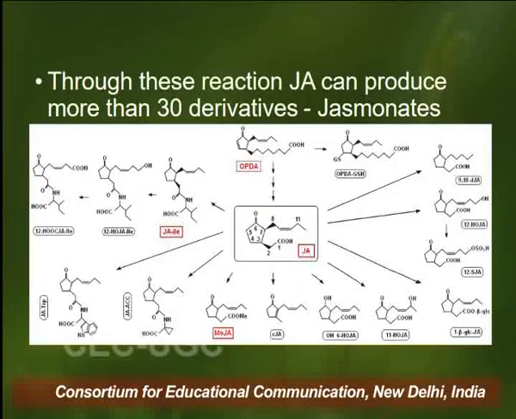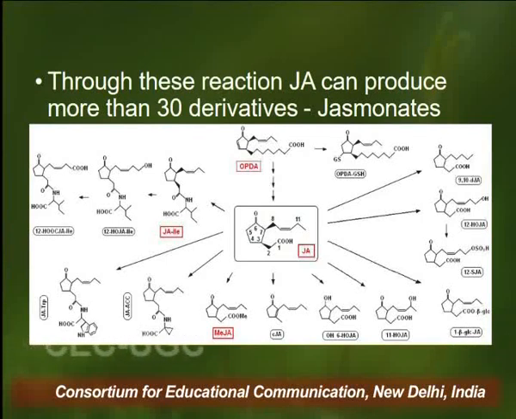So these are the various derivatives that are produced from jasmonic acid, and till now more than 30 derivatives of jasmonic acid have been reported from plants. The major, or I will say the important, derivatives are the amino acid conjugates, that is jasmonic acid isoleucine, or methyl jasmonate, wherein a methyl group is attached to jasmonic acid, and the glycosidic form of jasmonic acid, when sugar is attached.